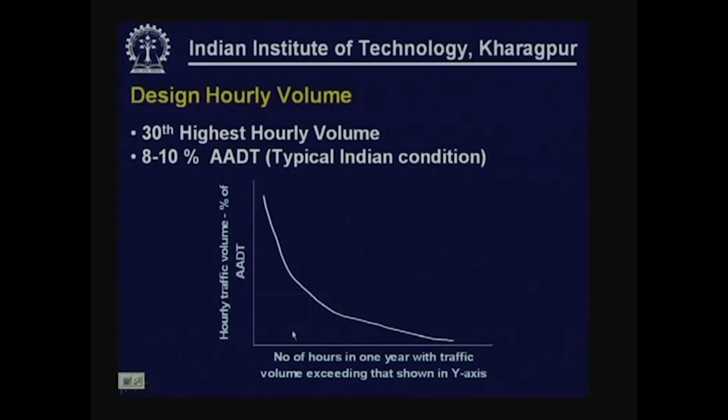exceed that value. Let us assume theoretically, if we assume a very high percentage, maybe say 20% for example, 20% of the daily traffic as design hourly volume, probably not even a single hour in a year will the hourly traffic volume be more than that.